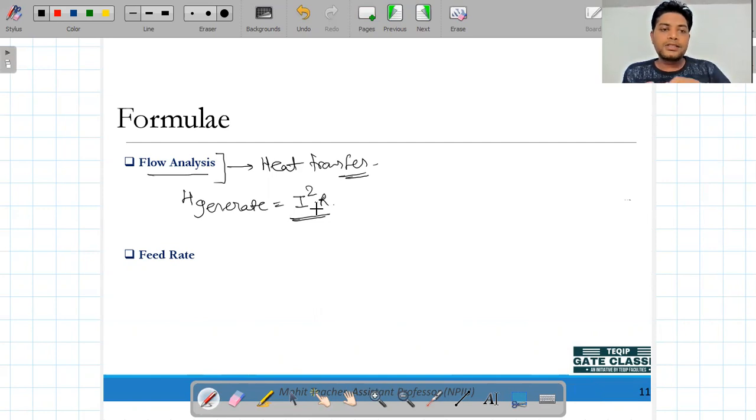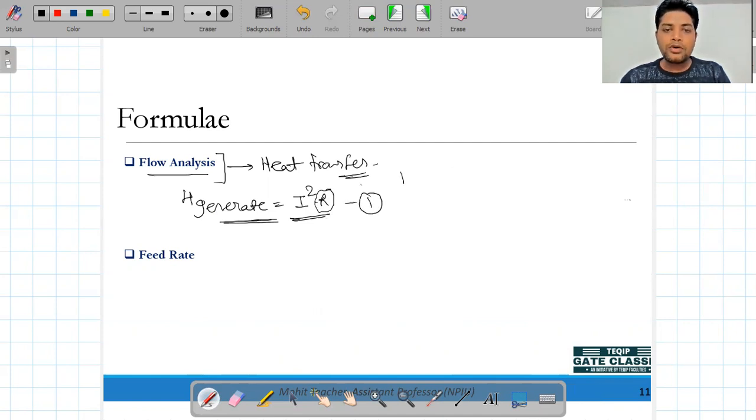In the last lecture we discussed in the process parameters that the voltage value in comparison with I is very less, and here we highly need the value of R, that is the gap resistance. That's why the heat generated is calculated through I square into R. This is the first equation.